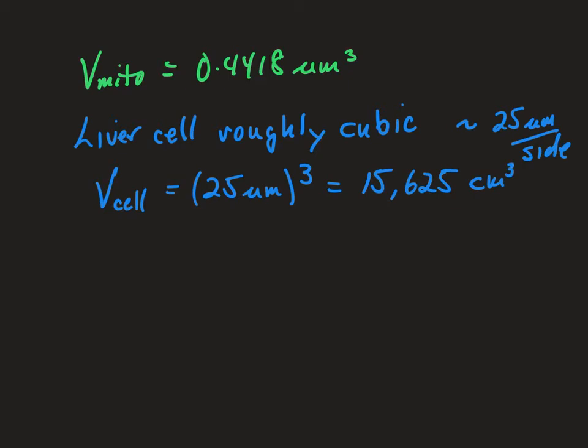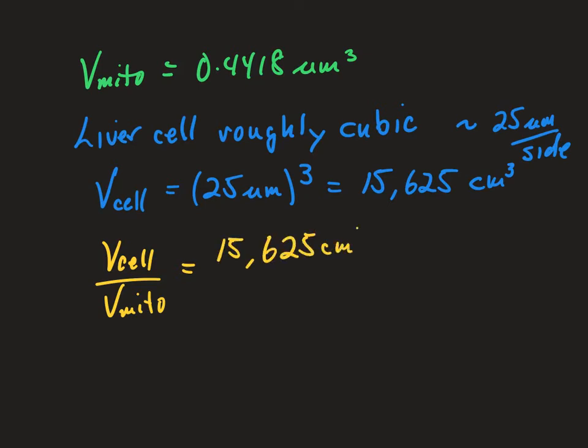So that's the volume of a cell. Just to get an estimate of relative volume, we take the volume of our cell divided by the volume of our mitochondrion. That's going to be 15,625 cubic micrometers divided by 0.4418 cubic micrometers.